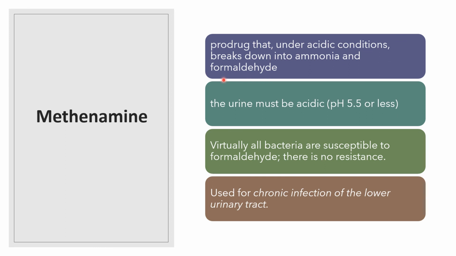For formaldehyde to be released, the urine must be acidic, with a pH of 5.5 or less. Since formaldehyde is not formed at physiologic systemic pH, methenamine is devoid of systemic toxicity. Virtually all bacteria are susceptible to formaldehyde and there is no resistance. So methenamine is used for chronic infection of the lower urinary tract.